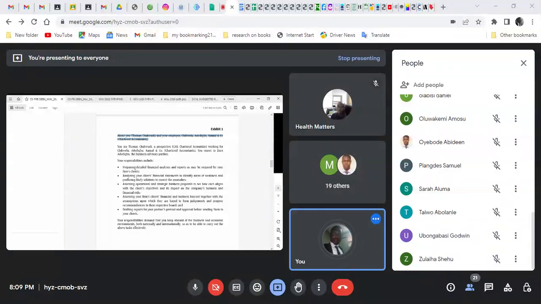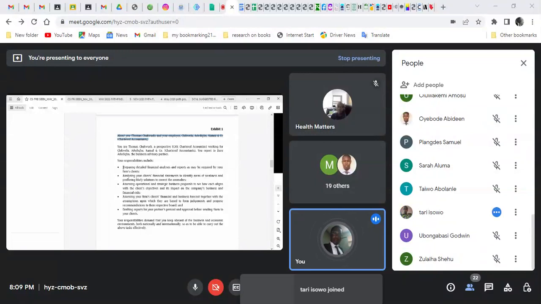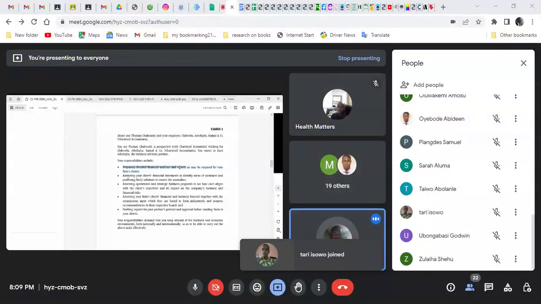Okay, all right. So the other thing is the first and second responsibilities, which say preparing detailed financial analysis and reports as may be required by your client. Like someone said the other time, this means that we will be doing financial statement analysis. Like I told you the other time, there are three analytical skills. The first one is operational and strategic analytical skill, business analysis, where you use SWOT and all those models.